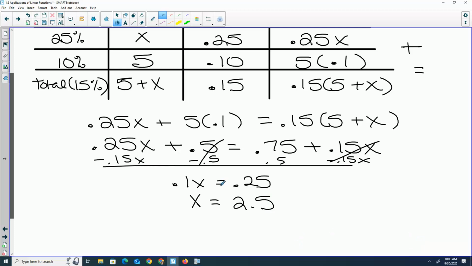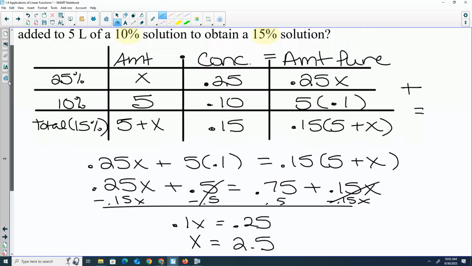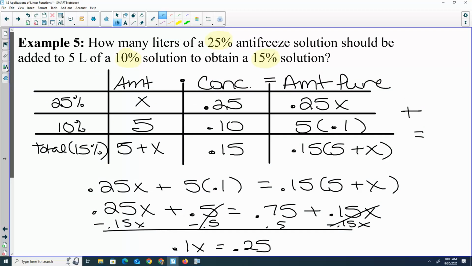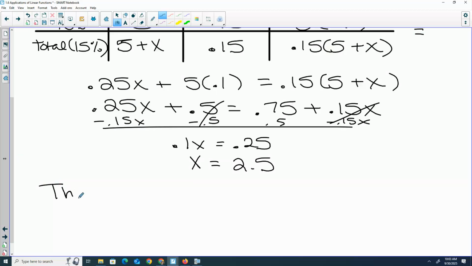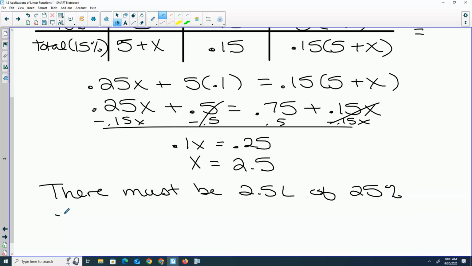Then you just have to make sure you answer the question. So I wanted to know how many liters of the 25, that was what my X represented. There must be 2.5 liters of a 25% solution.